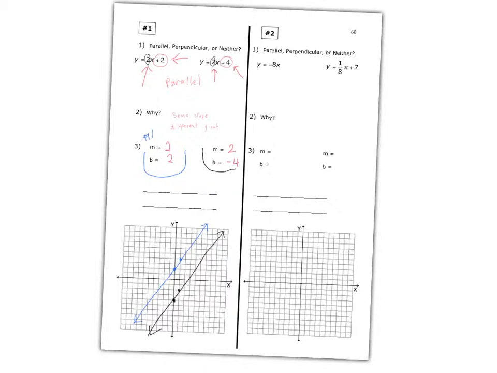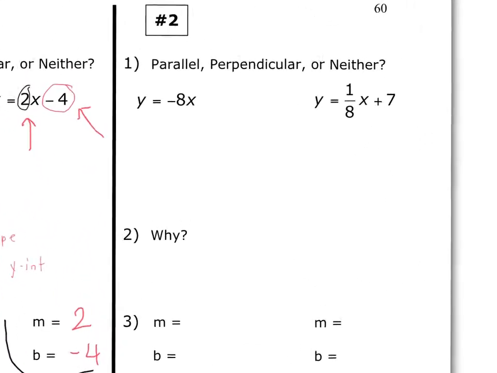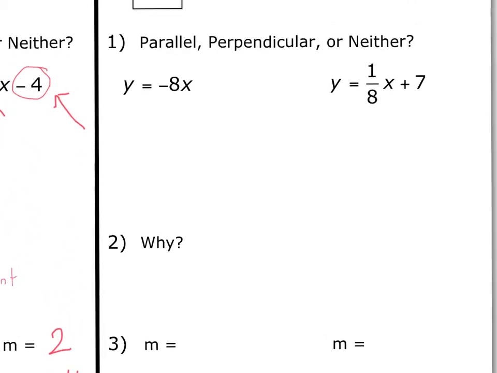Let's try another one real quick. Is this parallel, perpendicular, or neither? Let's look at our slopes. This one has a slope of -8, and this one has a slope of 1/8. If you put your -8 slope over 1 and flip it over, that becomes -1/8.